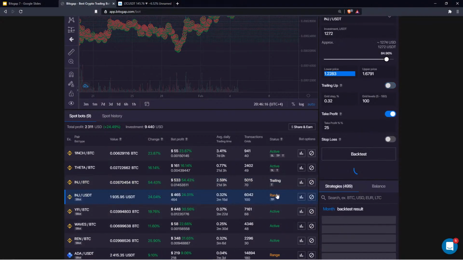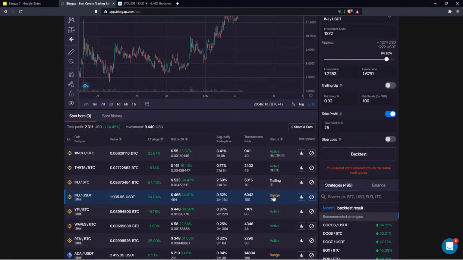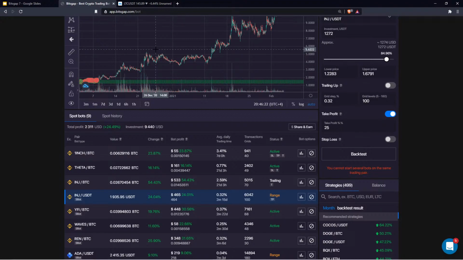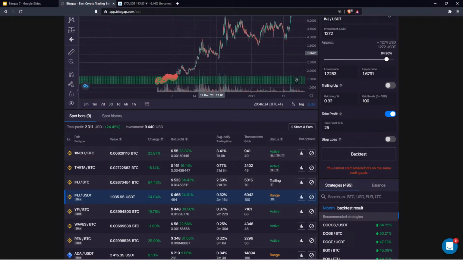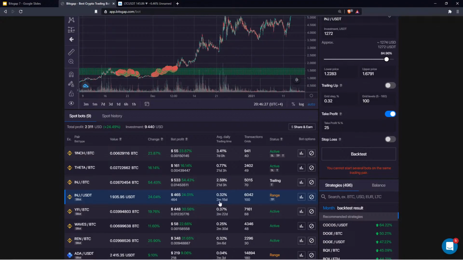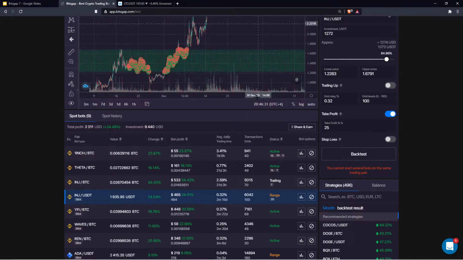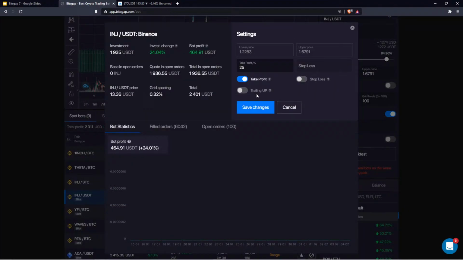Okay, I have this status, which is a range, which means that the bot is no longer trading, and here's the reason. So you see, 2 months ago when I launched this bot, I did not set the trailing up. You see, it's switched off.